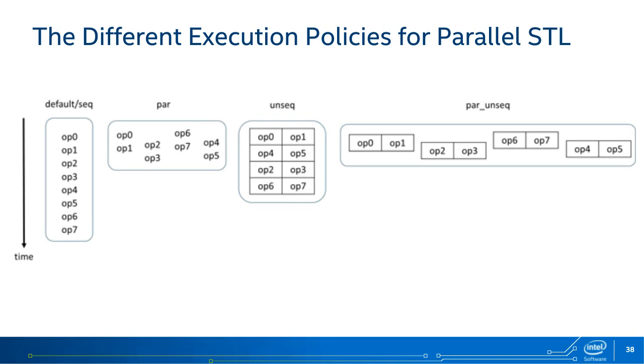So you can overlap the execution of your operations within that single calling thread by using the vector registers in your cores. And then lastly, the most unconstrained policy is that you can do all of those. You can execute using multiple threads of execution, so you can use multiple cores, and then within each core you can also overlap your operations using vector parallelism.